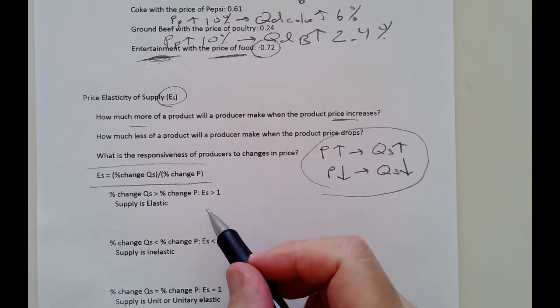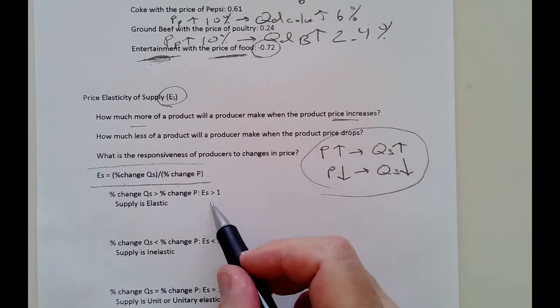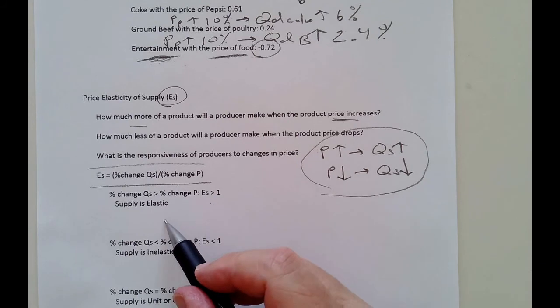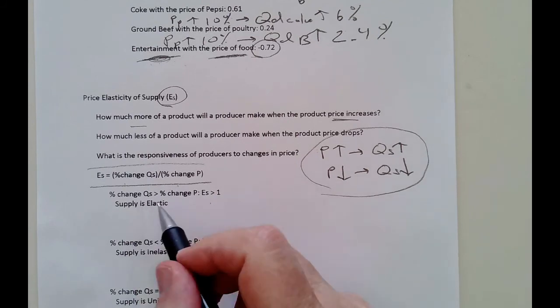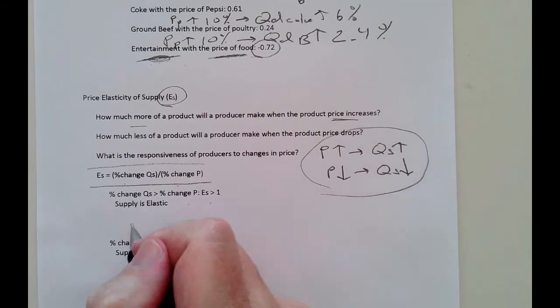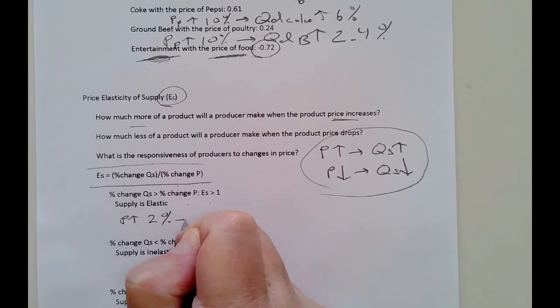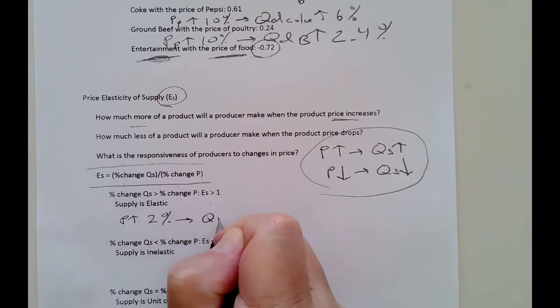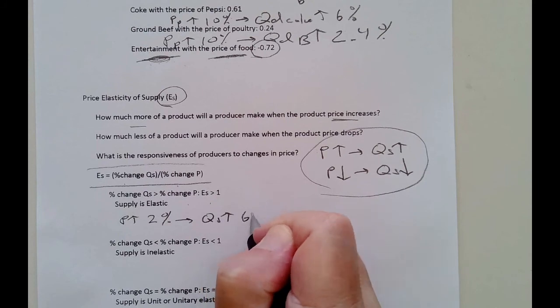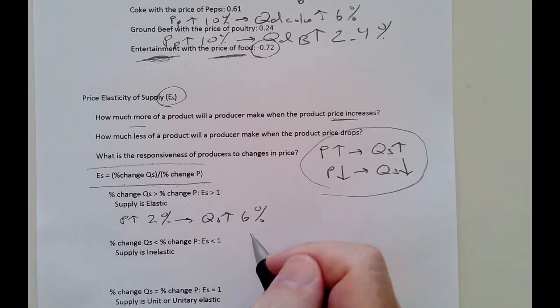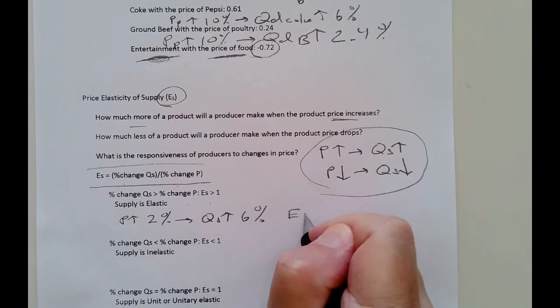In the same areas, if it's greater than 1, we have elastic. And so that means the percent change in quantity supplied is more than the percent change in price. So if price goes up by, say, 2%, and then quantity supplied goes up by 6%, that would be elastic. That would be 6 over 2, and so elasticity would be 3.